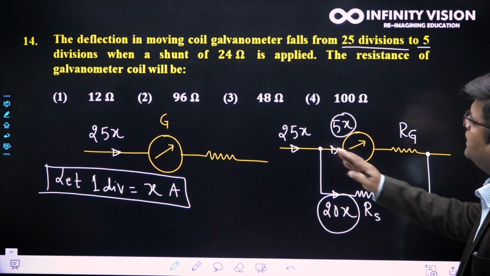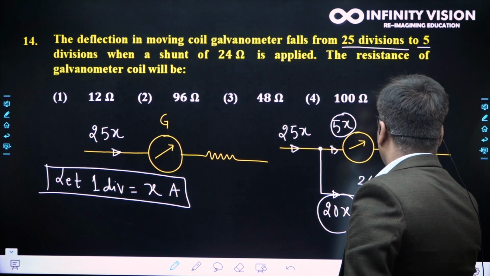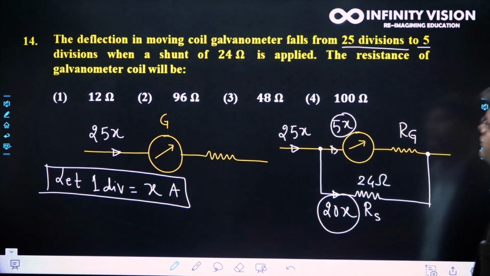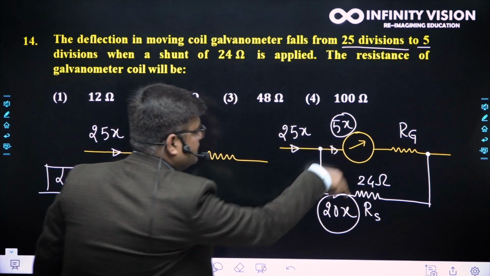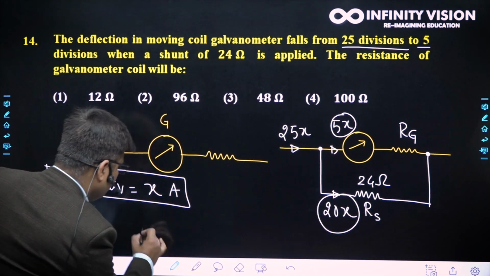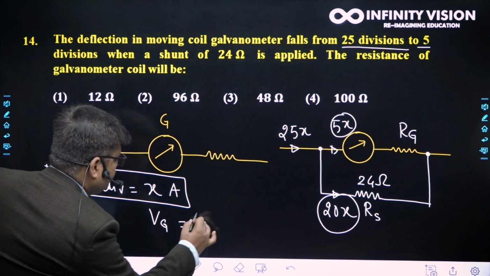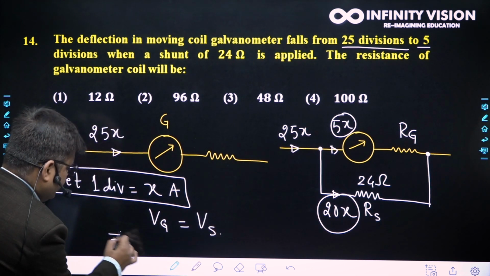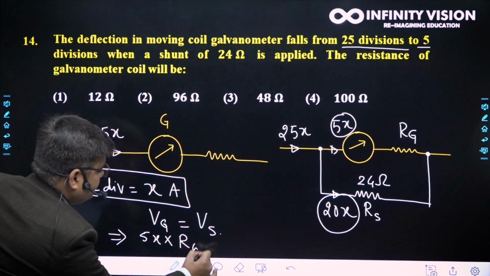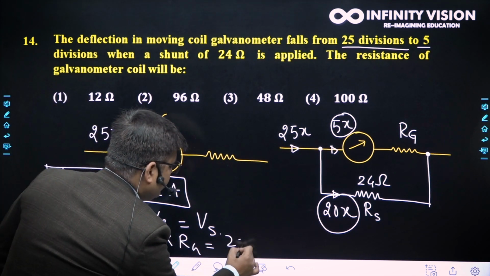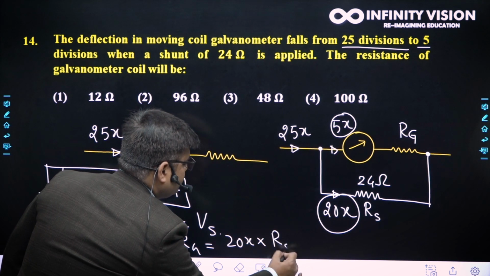Now in the question the shunt resistance is given as 24 ohm and we have to find the resistance of the galvanometer. So just apply the potential difference concept. The potential difference will be same. So V galvanometer will be equal to V shunt. So here we can write that 5X into Rg will be equal to 20X into Rs.